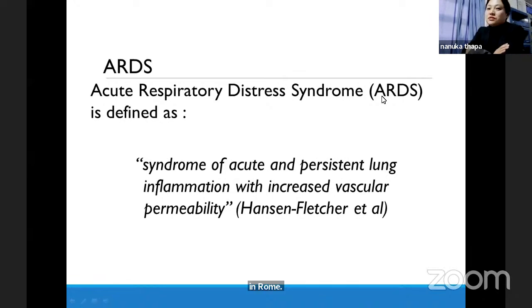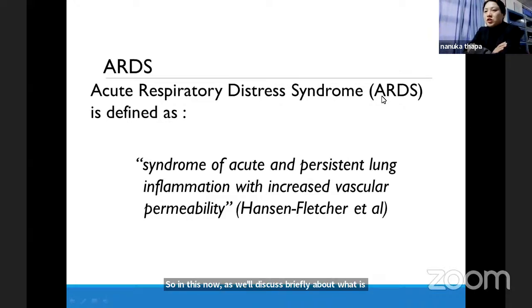So in this class, we'll discuss briefly what is ARDS, the pathophysiology, the physiology and significance of the prone positioning. And then lastly, we'll show you the practical demonstration.